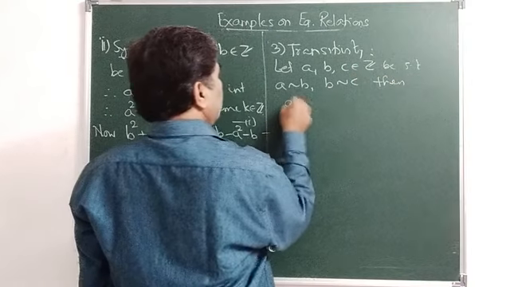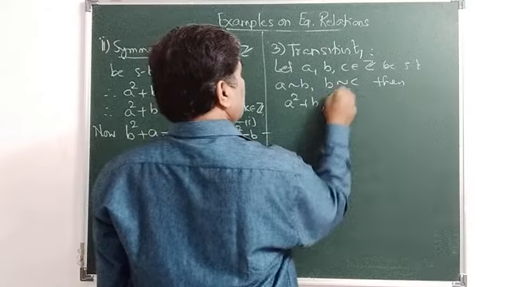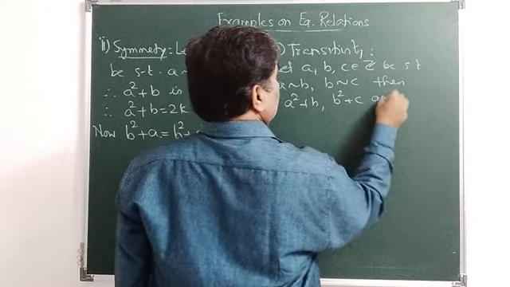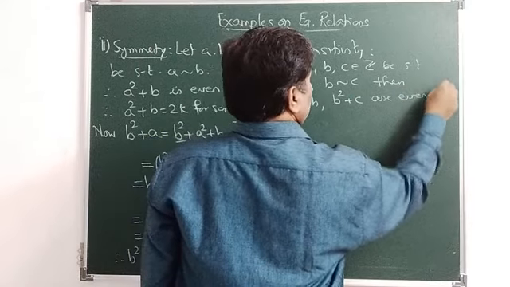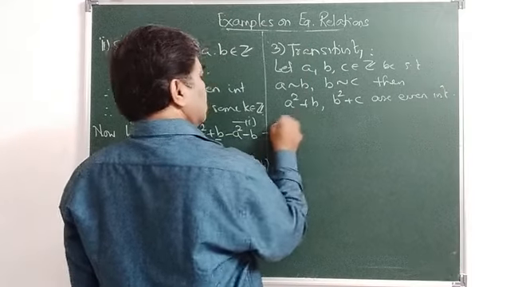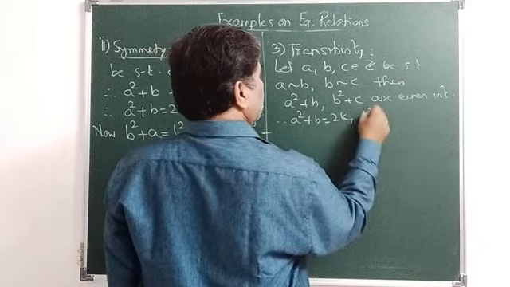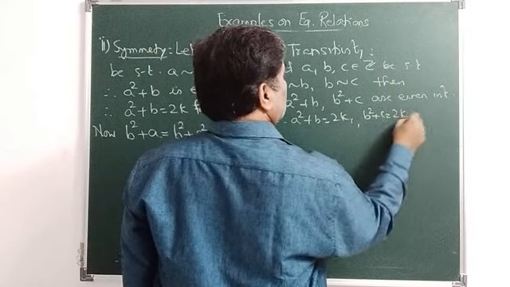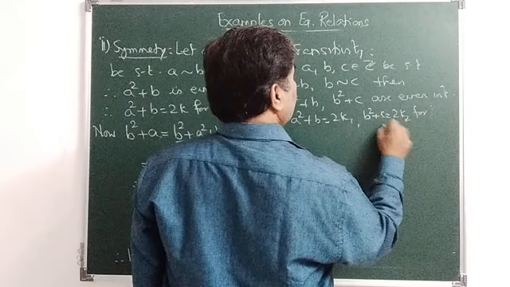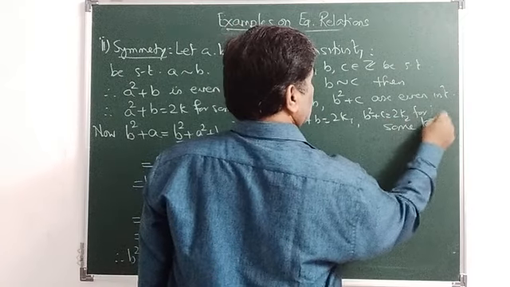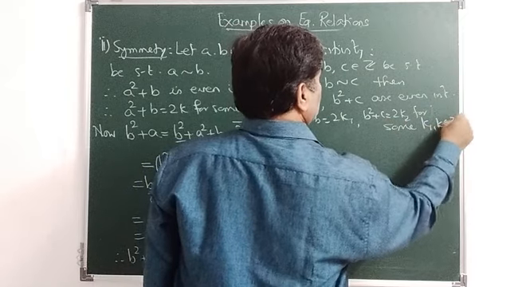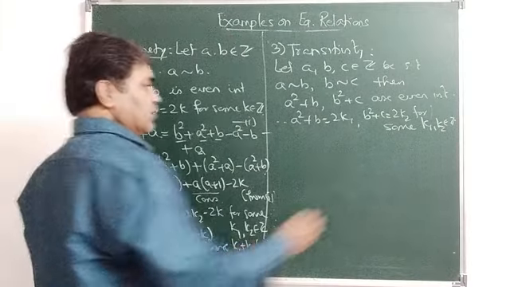Then a square plus b, b square plus c are even integers. Therefore, a square plus b is equal to 2k1, b square plus c is equal to 2k2 for some k1, k2 belongs to Z. They are even, so we get this.